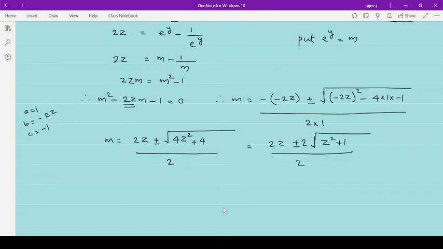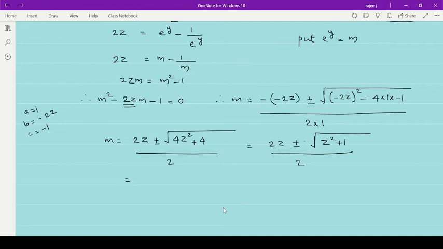Now take 2 as a common factor and divide 2 throughout. So it becomes 2 into z plus or minus under root of z square plus 1, divided by 2. That 2 and this 2 will get cancelled.